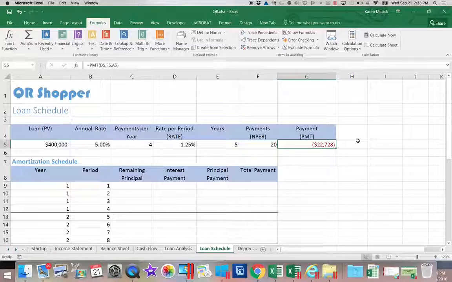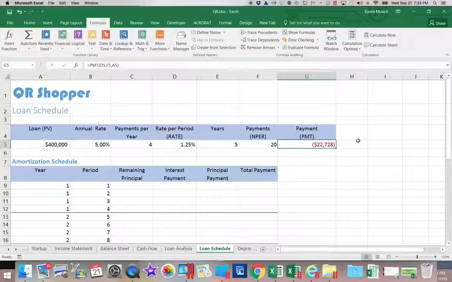So the next thing we need to do as a business is calculate how much of each payment is going to be principal and how much is going to be interest. The interest portion of our payment is what we are paying the bank for allowing us to use their money.